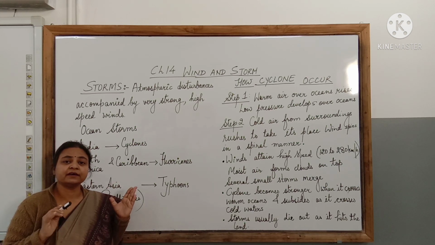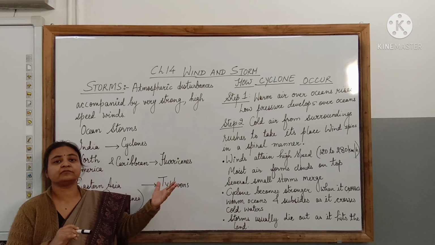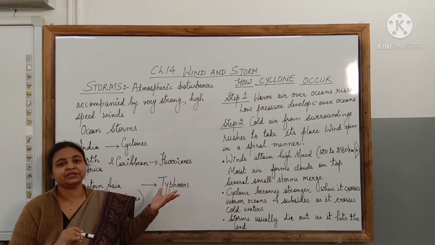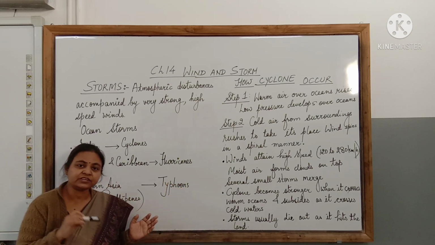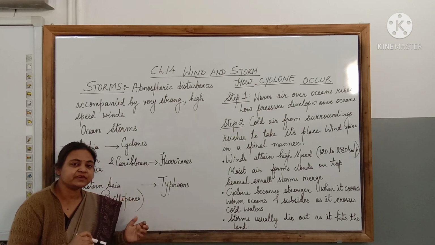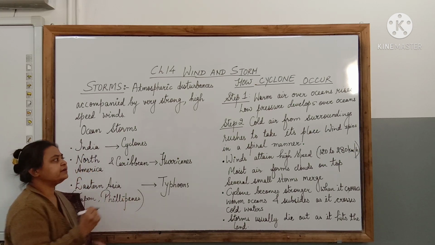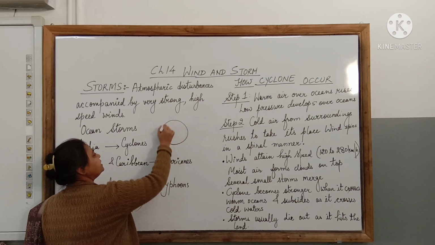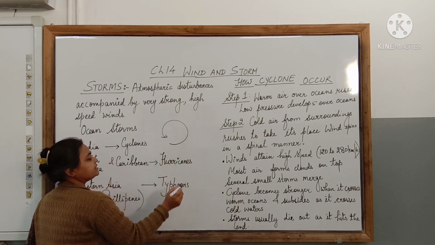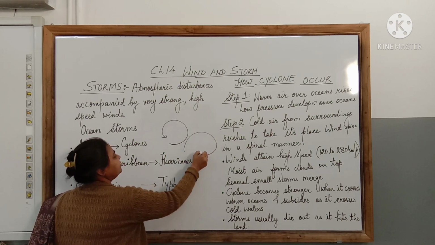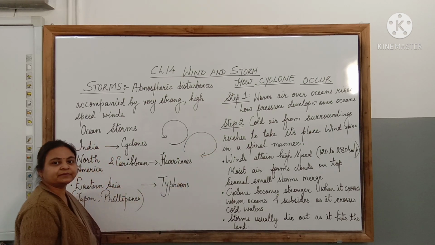The speed may reach more than 100 km per hour, and in the northern hemisphere the wind circulates in the anti-clockwise direction, whereas in the southern hemisphere it goes in the clockwise direction.